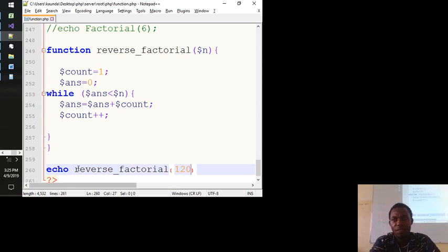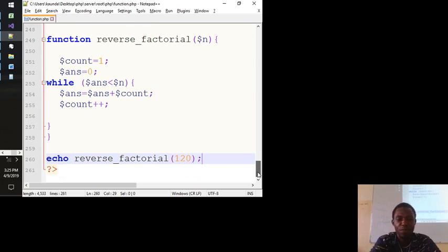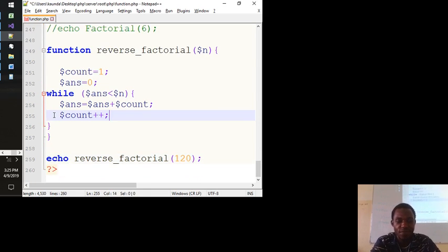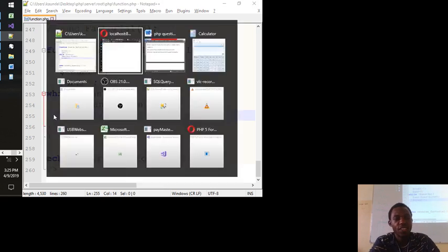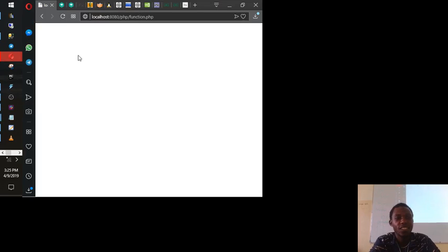If you factorial 5, you get 120. So we can start with that. So this should give us 5. Okay, let's see what it gives us.